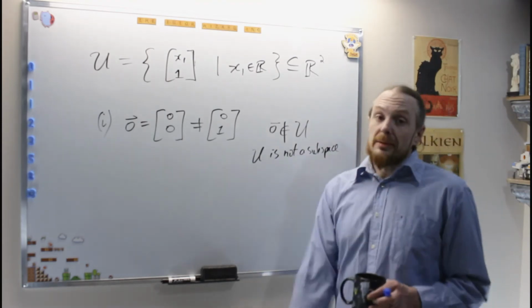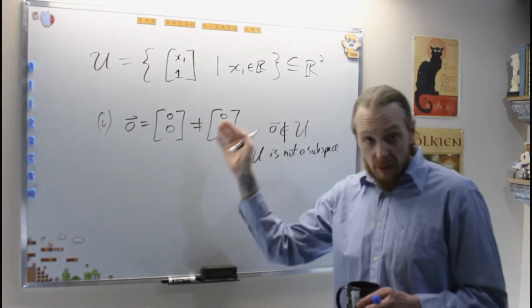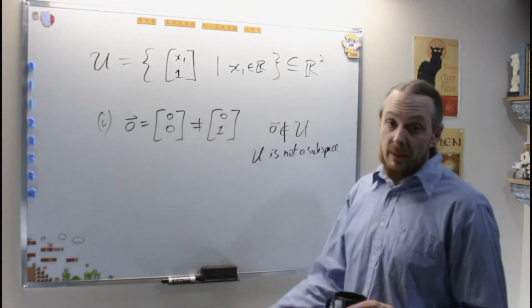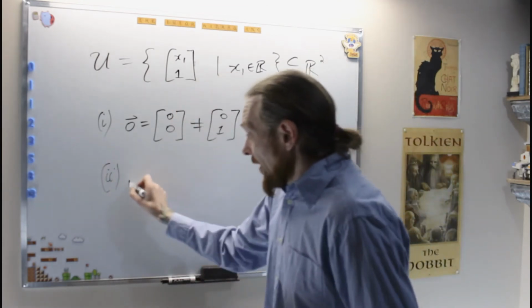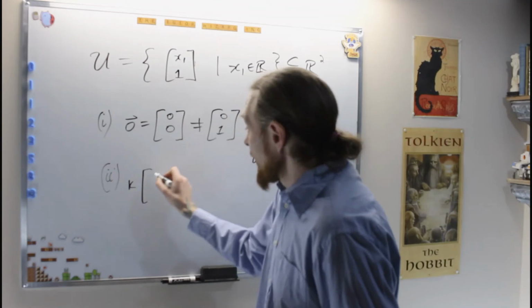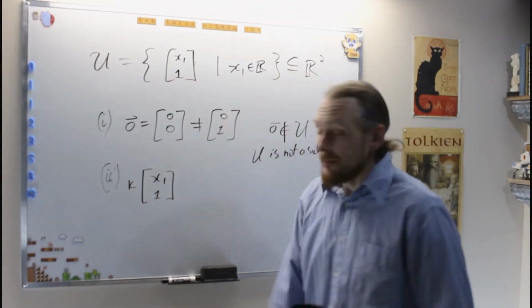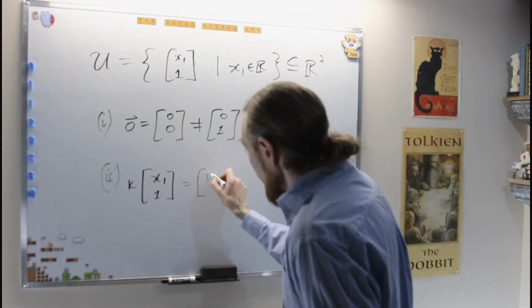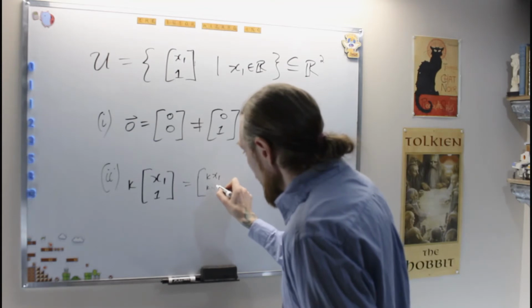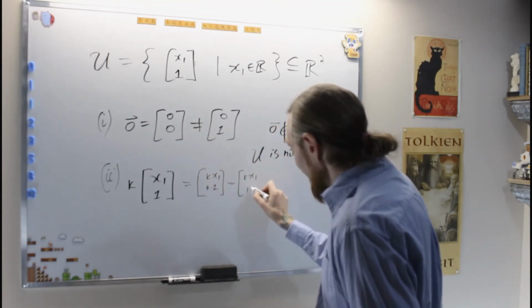So U is not a subspace. We've already done the question. Bang, done. I'll check the other two conditions just in case you forget to show. Everyone forgets to show that 0's in there anyways. So if you're just running the other two conditions, if I take k times a vector in there, x1, 1, then by scalar multiplication this becomes the vector kx1 and k times 1, which is kx1, k.